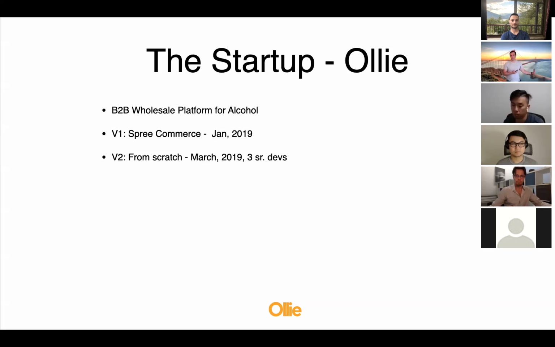So the problem in the alcohol space is we have a lot of companies in the space, a lot of sellers that started in the last 15 years with all the microbreweries, distilleries, and so on. And they don't have a lot of systems in place yet. And the buyers also have to talk to a lot of different sellers in order to do their reordering.